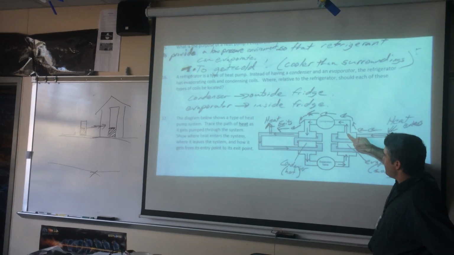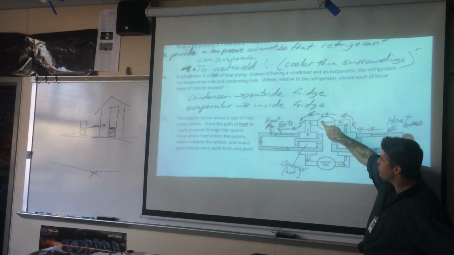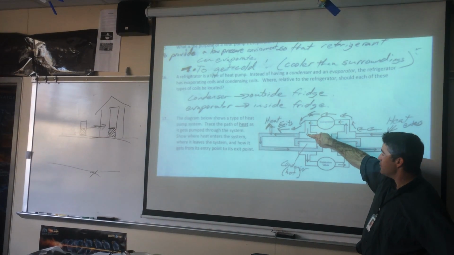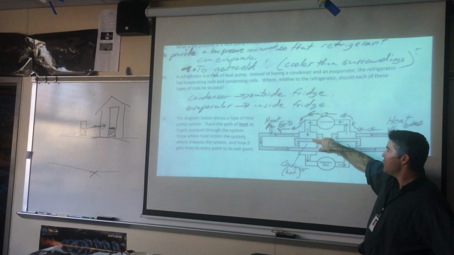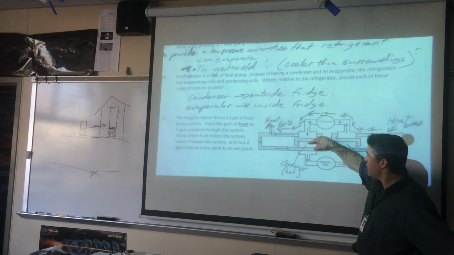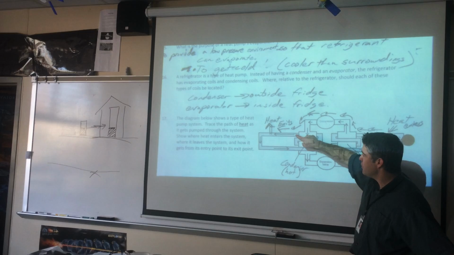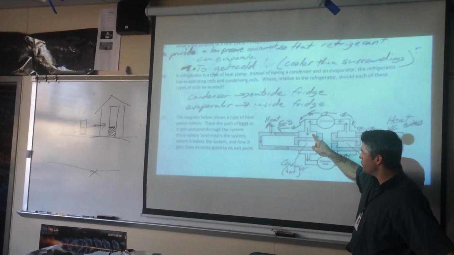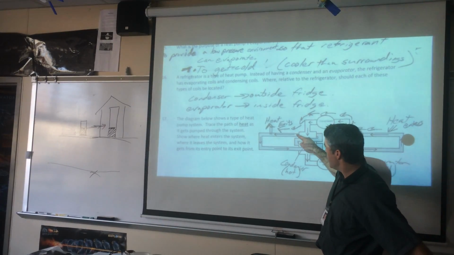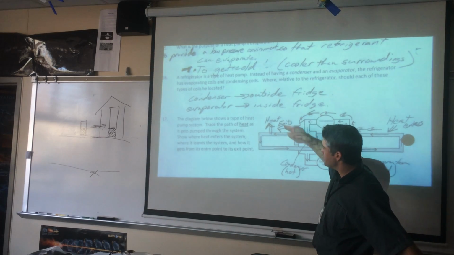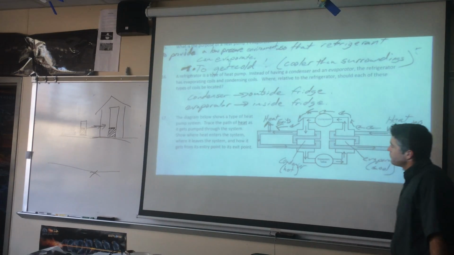The molecules that have that heat in them just move through here. They get compressed, and then they start to condense over here. So now they're really hot again. And this is much hotter than this pipe is going to be, so the heat flows from here into there. And this hot pipe is much hotter than its environment, so heat exits.